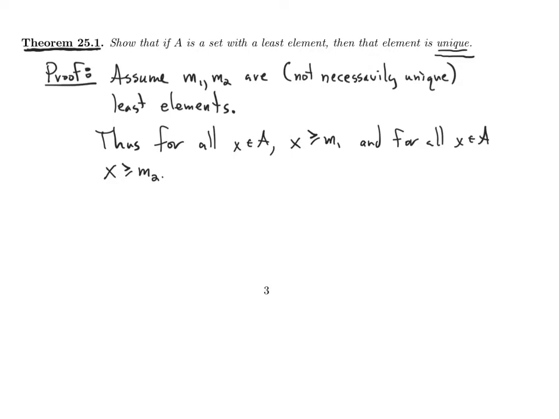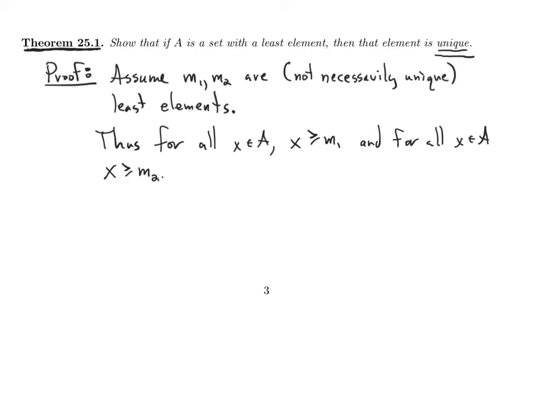So, think about this. From this information, that any x in A is greater than or equal to m1, and any x in A is greater than or equal to m2, how can we show that these must be equal? Pause the video and think about that.